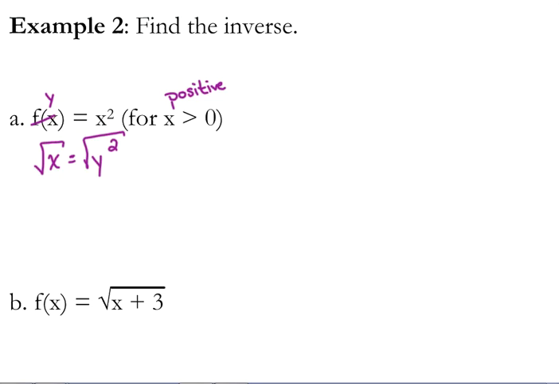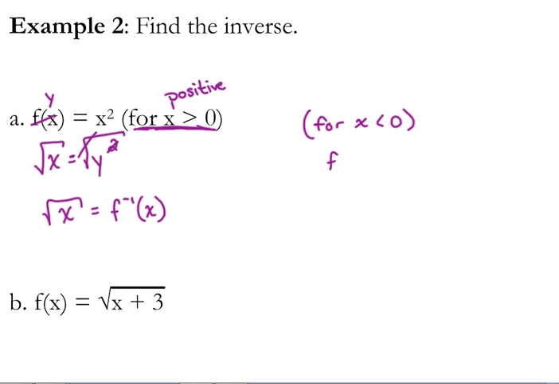So when we take this square root, what's in parentheses there is saying, well, you only need to consider the positive square root for the inverse. If the parentheses had said for x is less than 0, then our inverse would have been the negative square root of x.